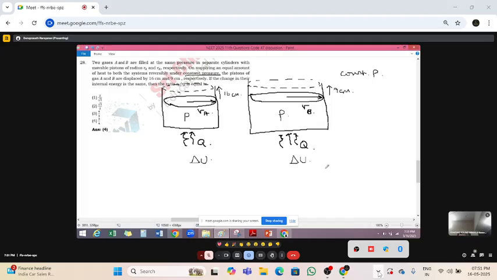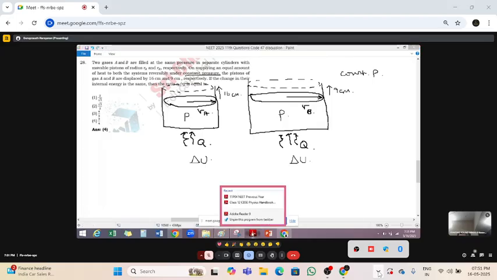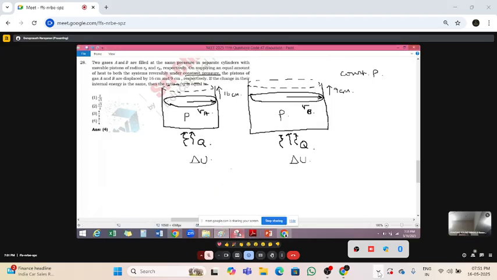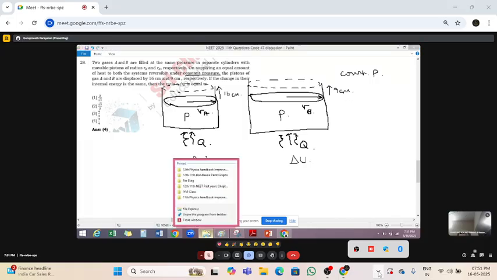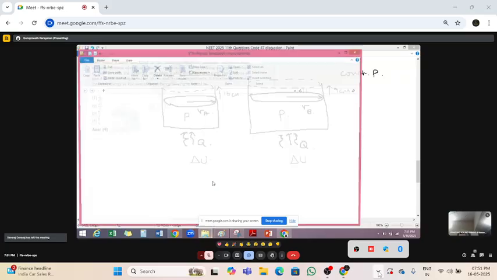If you want to know where this material is there in the handbook, you should go to thermodynamics. So let me open that for you.